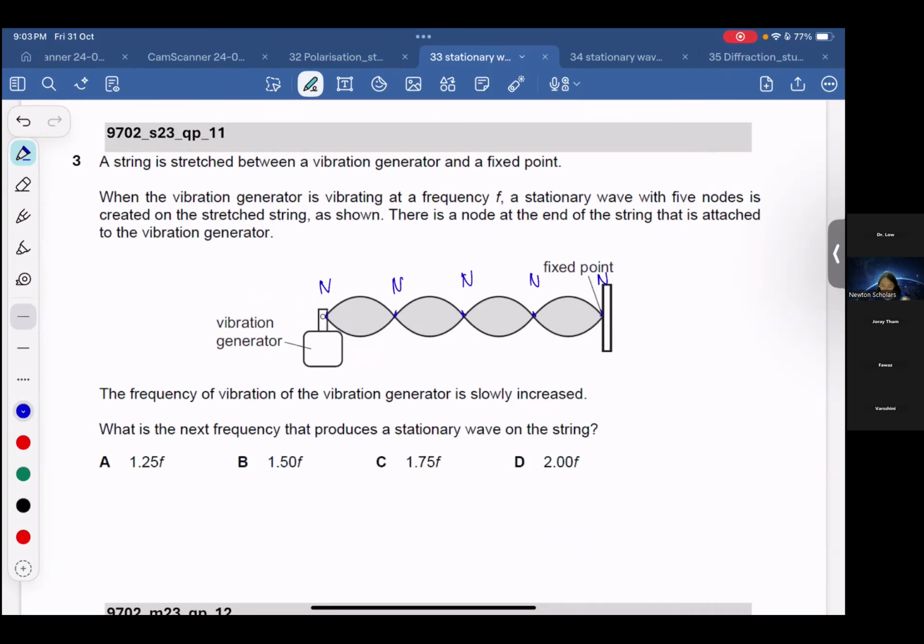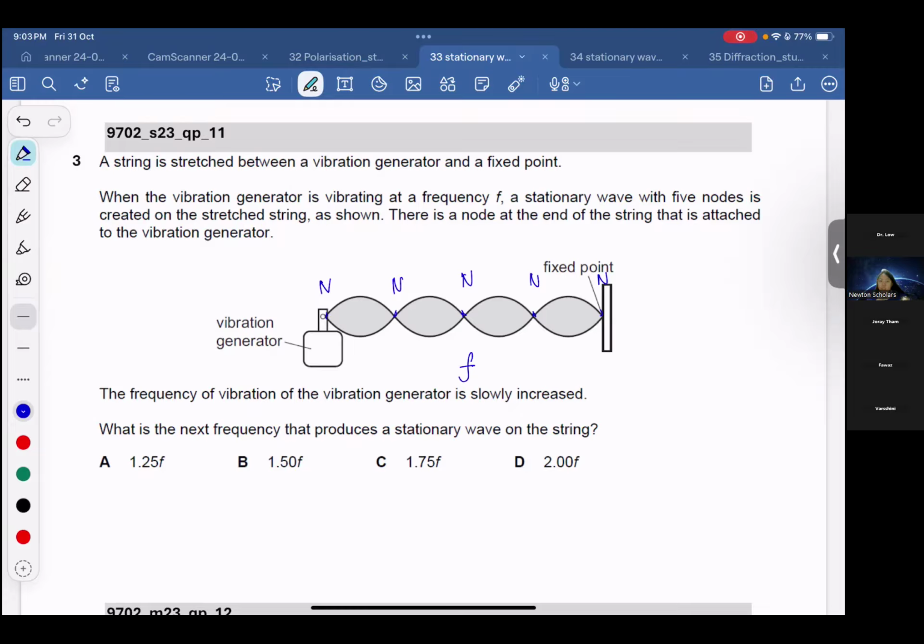There is a node at each end. The frequency of the vibration is slowly increased. When at frequency f, they vibrate at frequency f.